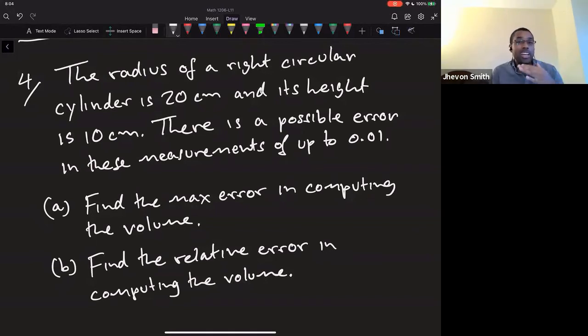So we might say, all right, he might make an error of 0.01. So it can be up to 20.01 or 19.99 or something like that. Like the fluctuation between the actual value of the radius, it would be that, right? And you have the same kind of thing for the height, right?